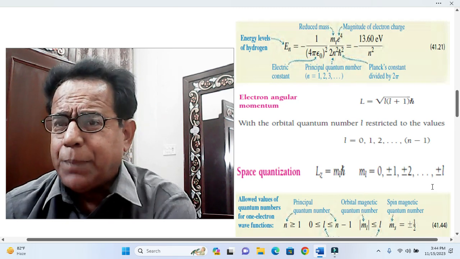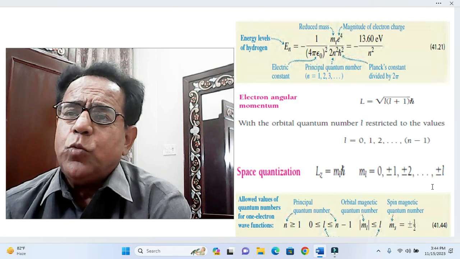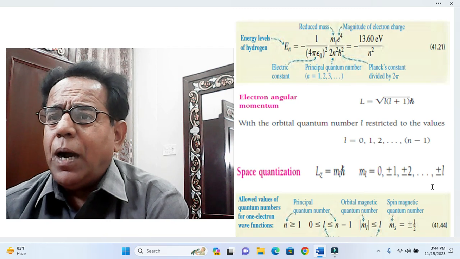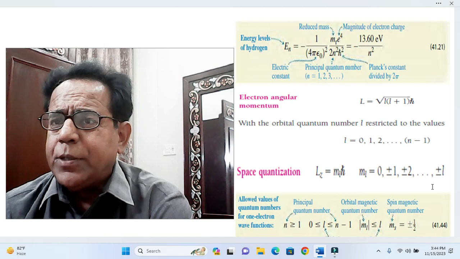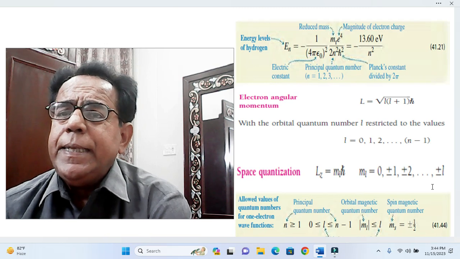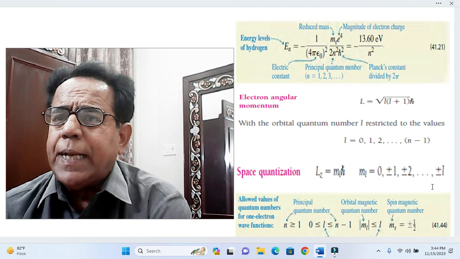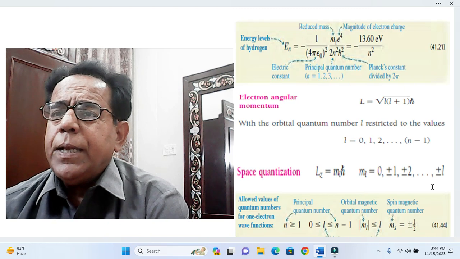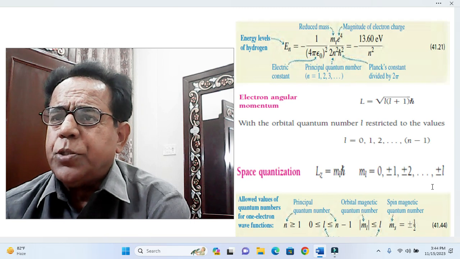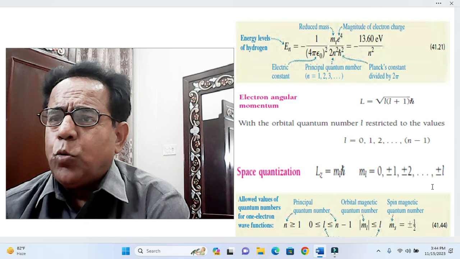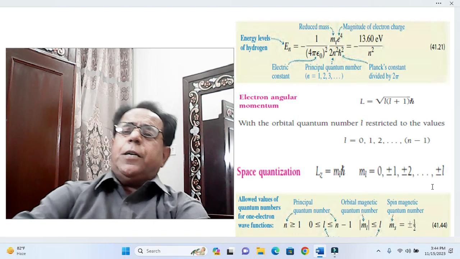Now the third snapshot, energy levels of hydrogen. En is equal to minus mr e to the power 4 over (4 pi epsilon naught) whole squared into 2 n squared into h bar squared, where En is the energy levels of hydrogen, while 4 pi epsilon naught is the electric constant, mr is the reduced mass, e is the magnitude of electron charge, n is the principal quantum number, and h bar is Planck's constant divided by 2 pi.